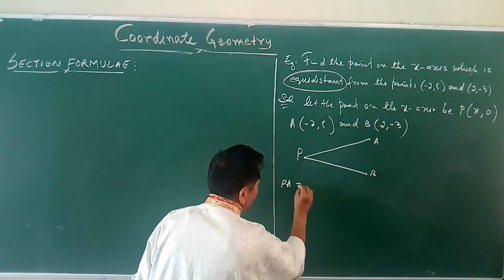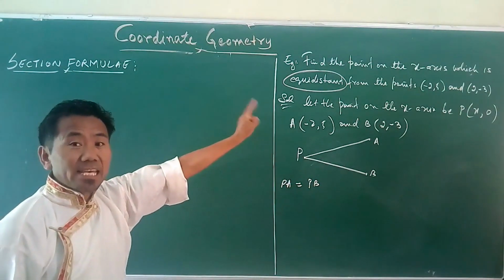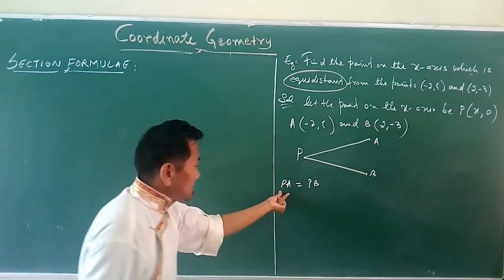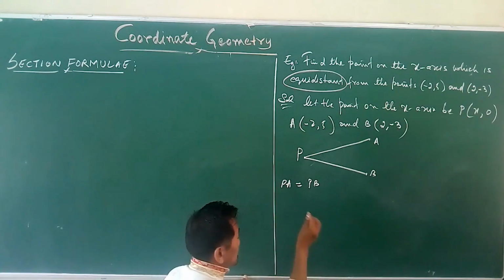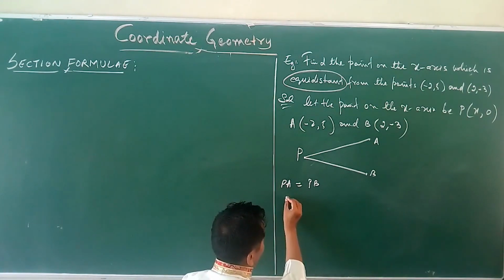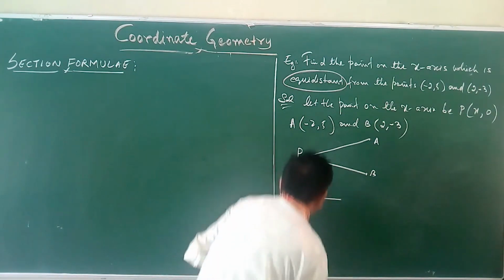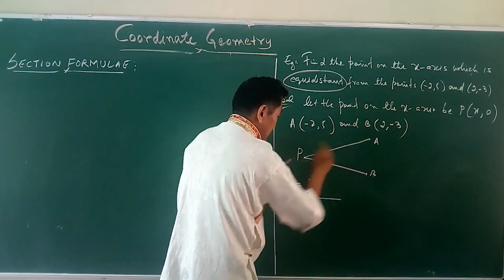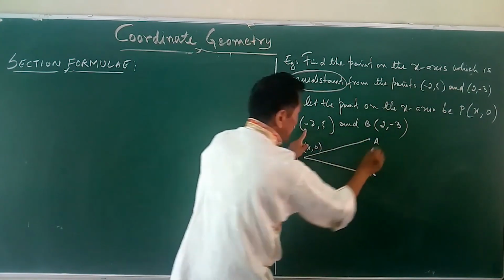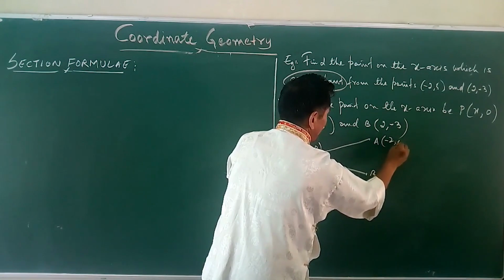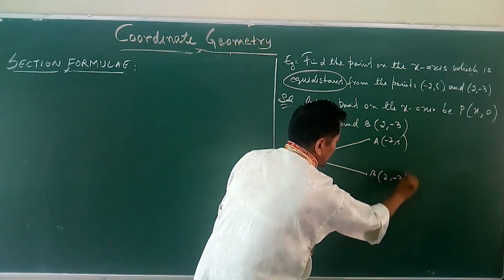PA is equal to PB because it says equidistant. And what is the value of PA? PA is given by the distance formula, where P is (x, 0), A is (-2, 5), and B is (2, -3).